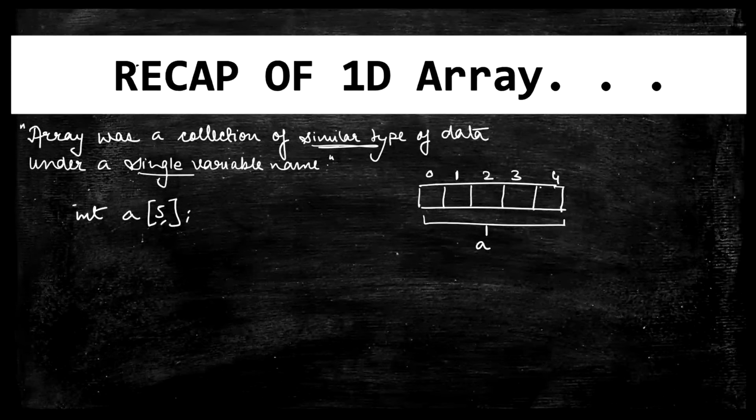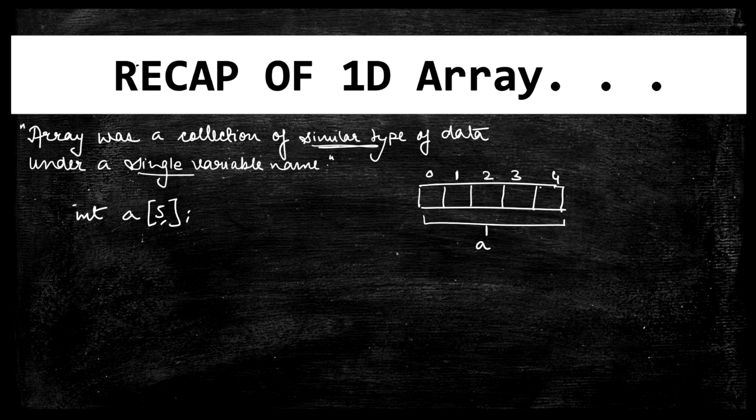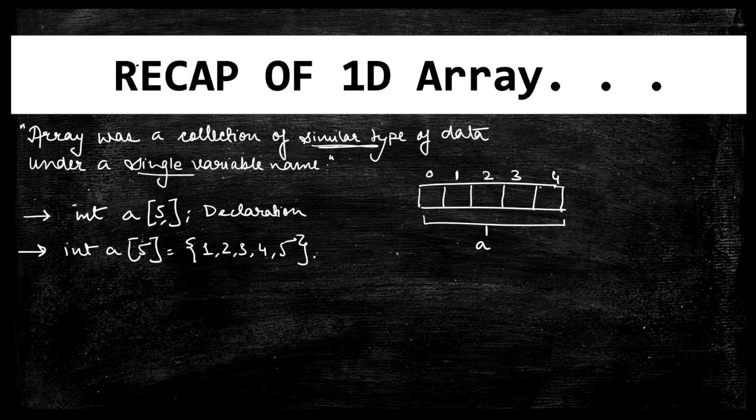Okay, now on declaration of array, like this array was being created. Okay, now after this was the declaration. After this we have learned about the assignment of an array, where we assigned value to the array directly, that is like this: int a[5] equal to 1, 2, 3, 4, 5. What does this statement do?